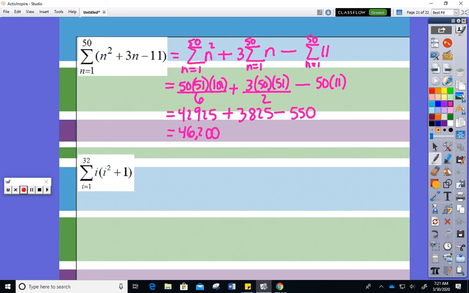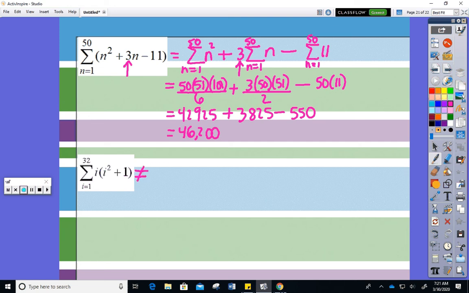Now, I can separate summations just by adding and subtracting. You can see right here with the 3, I can pull a plain number to the front of a summation, okay? But I can't do this, okay?